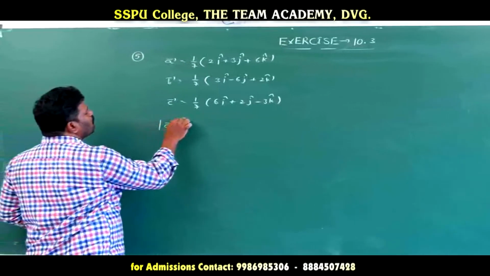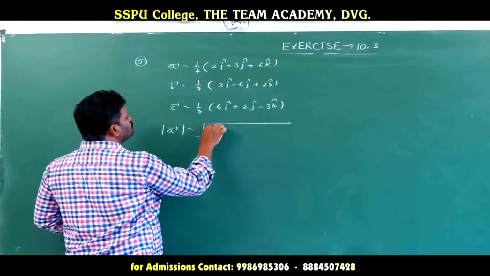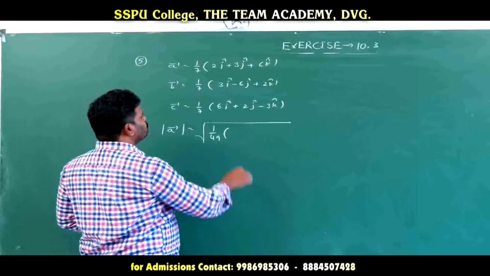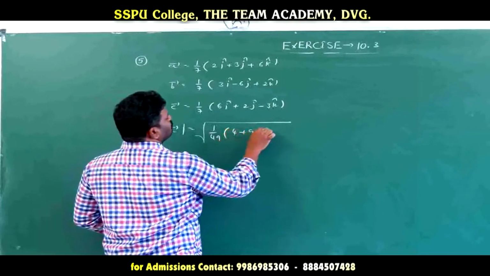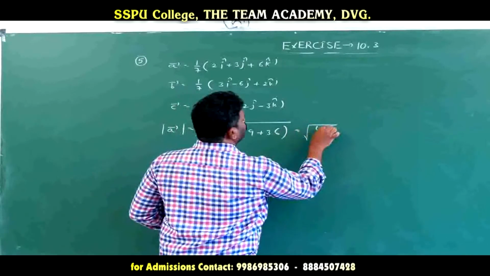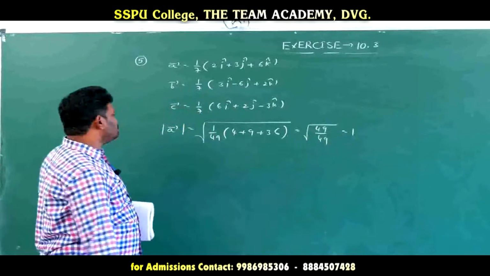The magnitude of a bar is the square root of 1 by 49 into 2 square plus 3 square plus 6 square, that is 4 plus 9 plus 36, which is the square root of 49 by 49, equal to 1. So a is a unit vector.